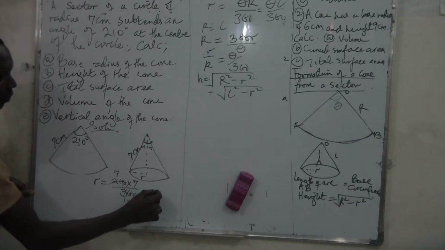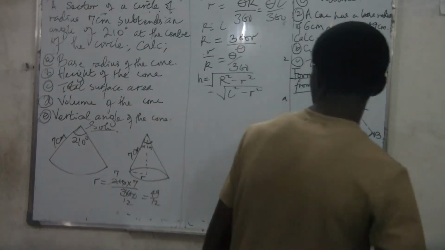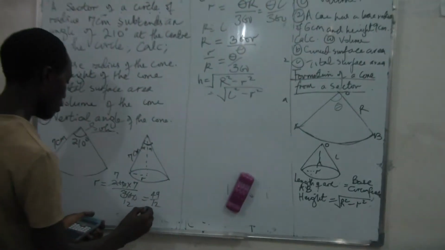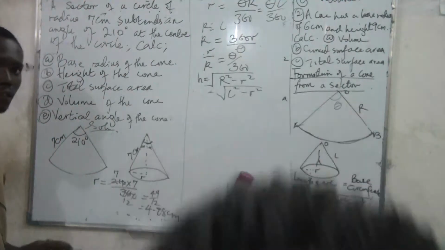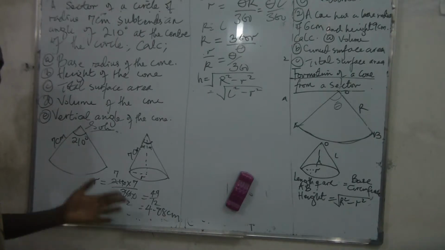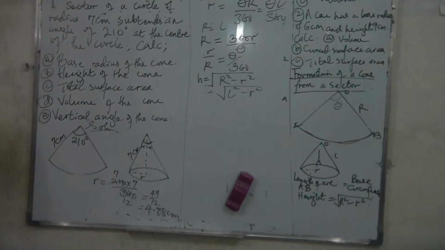That will give us 49 over 12, and by calculation, 49 over 12 is equal to 4.08 centimeters. It means the radius of the cone that is formed is 4.08 centimeters.